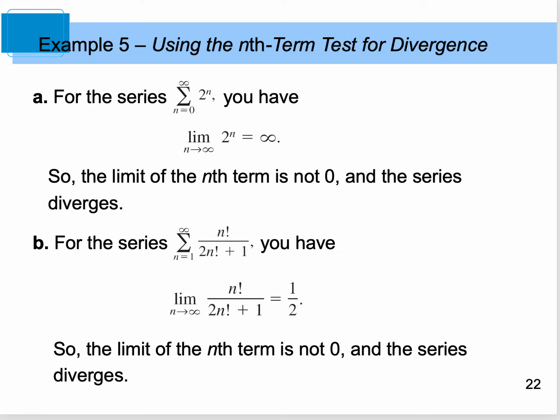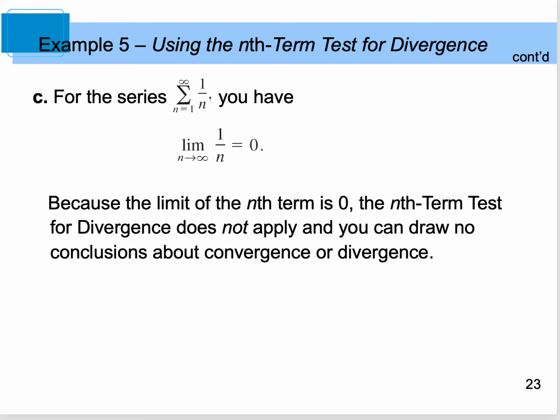Now, sometimes people want to say, oh, well, the nth term limit is 1/2, and that's a number, so it's going to converge. But that's not the case. The nth term test says that it has to converge to 0, and that means that since this does not converge to 0, then the series itself diverges.